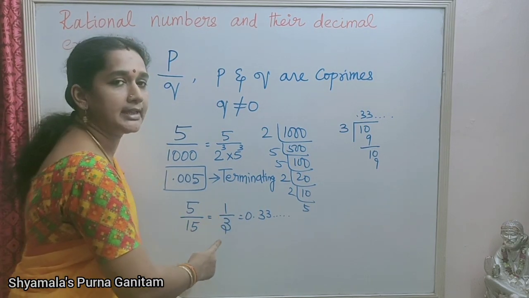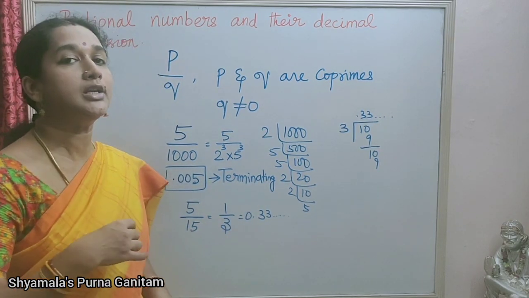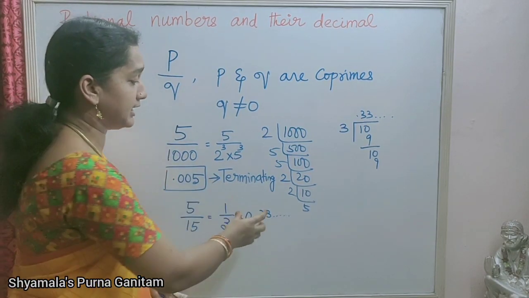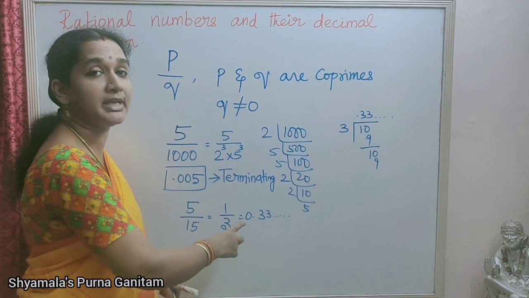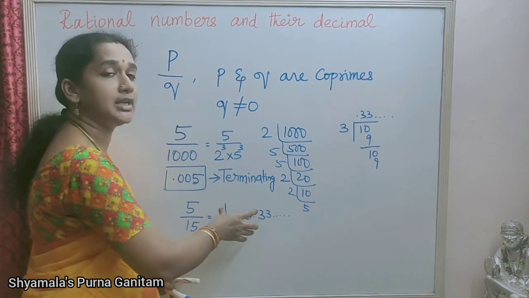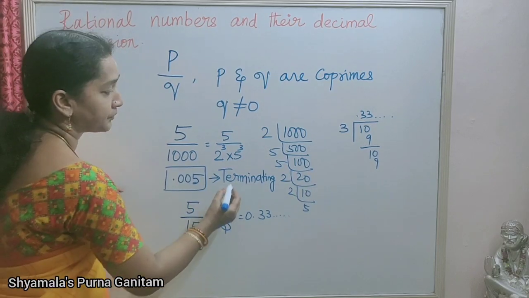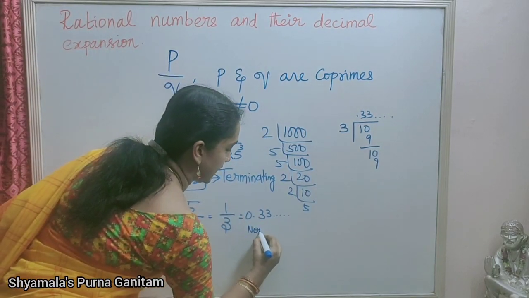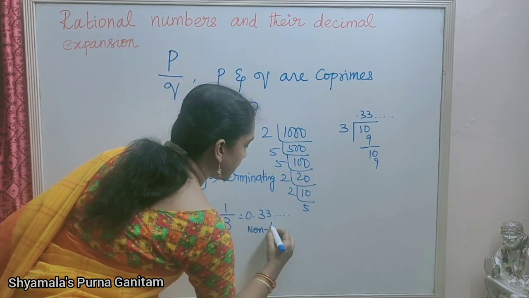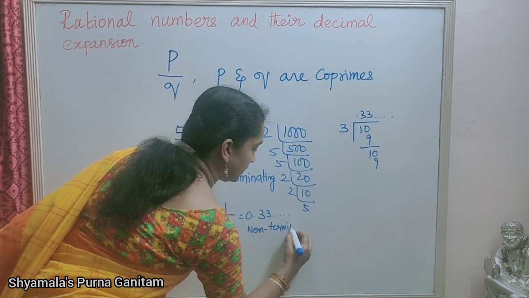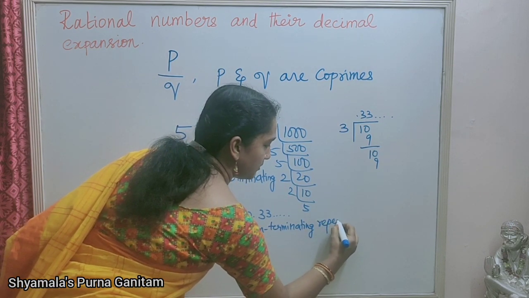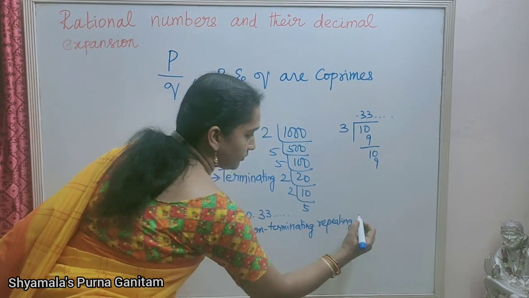You will get the decimal expansion as non-terminating, repeating. It will not come to an end, but it is repeating. Non-terminating but repeating.